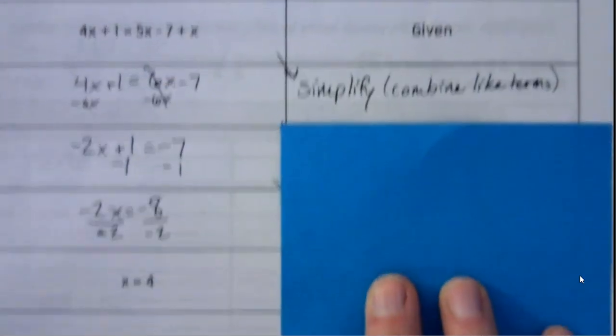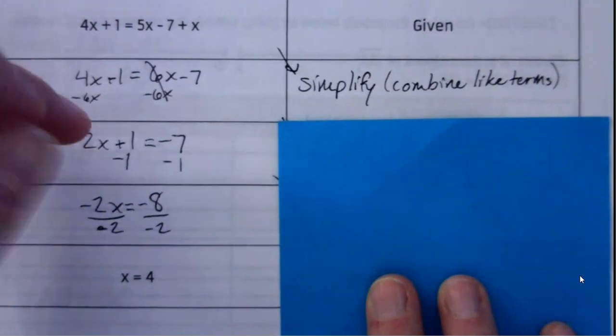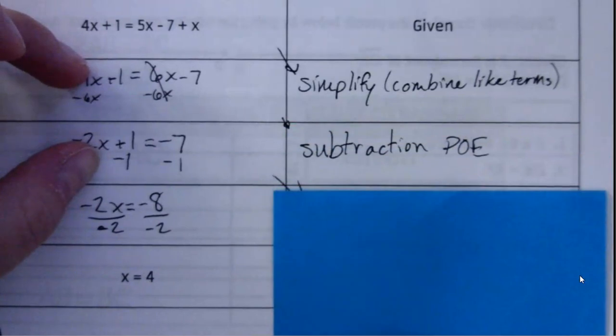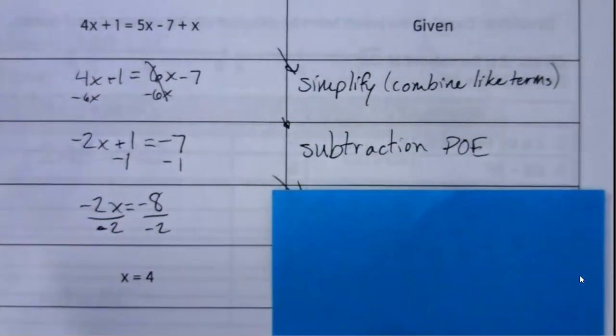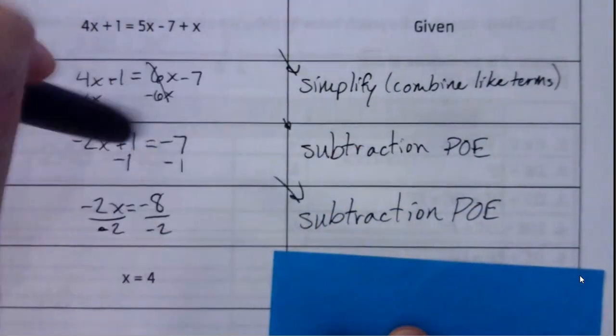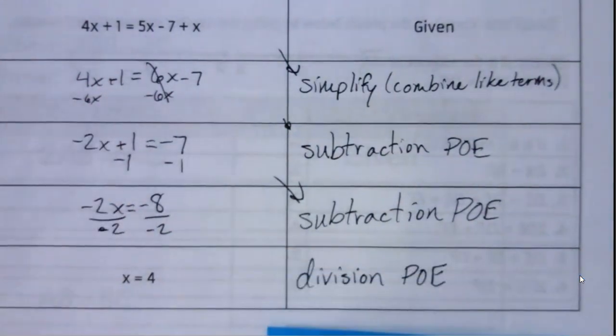Then there's some variations of what you can have. Some people that I have noticed, they're subtracting in the same step. So they're doing both of these at the same time and just putting subtraction property once. But you can't do that. You have to show each step what's happening. So I subtracted 6 first, then I subtracted 1, then I ended up with this. I divided by negative 2, and I get x equals 4.